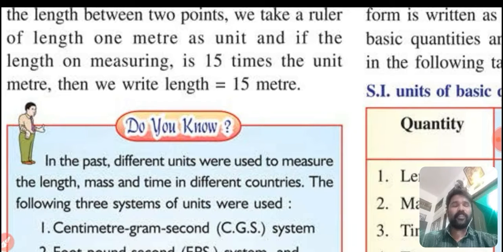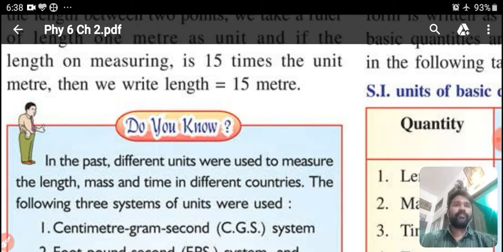Okay, students, this is one good example. If we want to find the length between two points, we take a ruler of length 1 meter as the unit, and if on repeating the measurement it comes 15 times, the length will be 15 meter. So always we use a ruler to measure length.